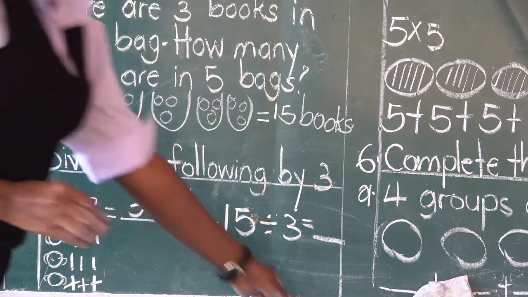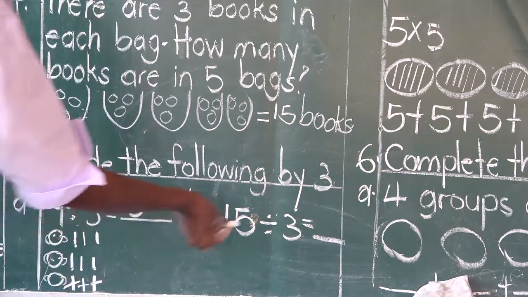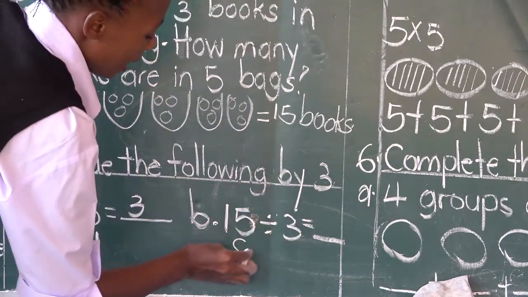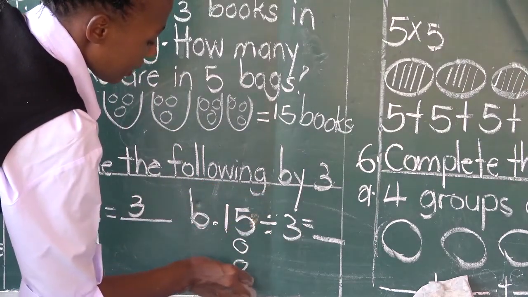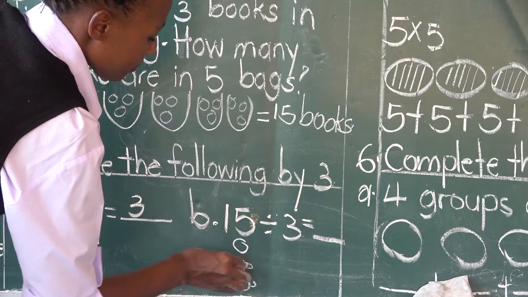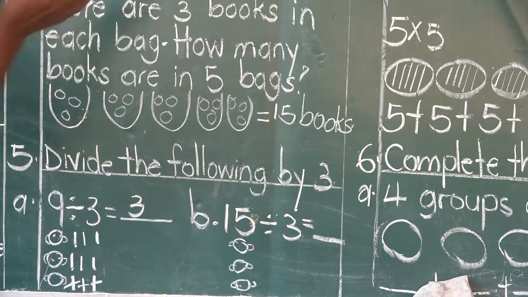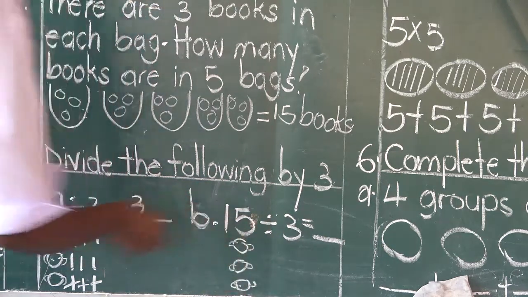Then we come to this, we have 15 divided by 3. Still we are doing 3 heads, giving these 3 heads 15 sweets.